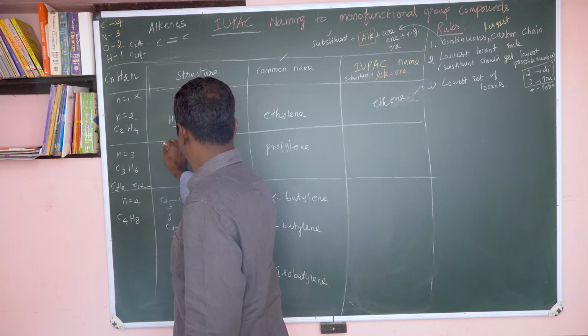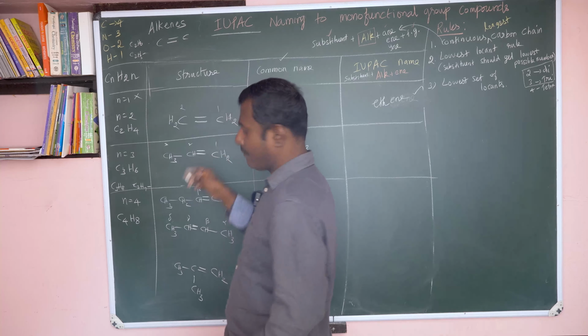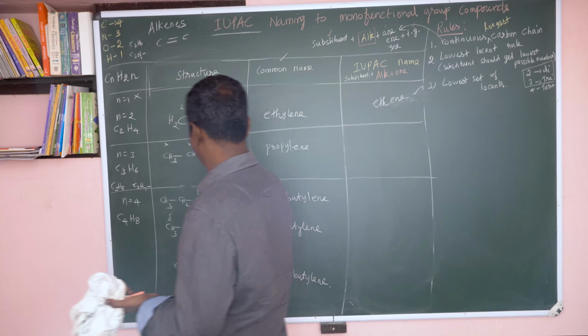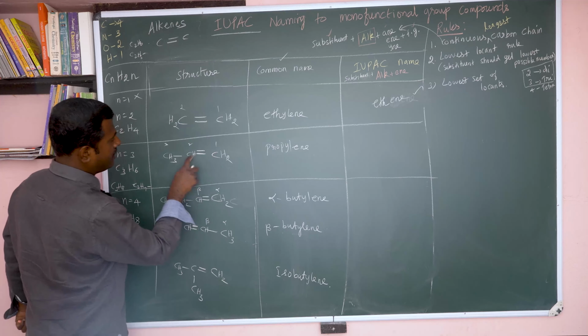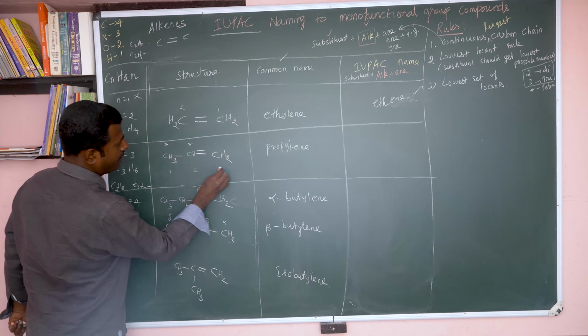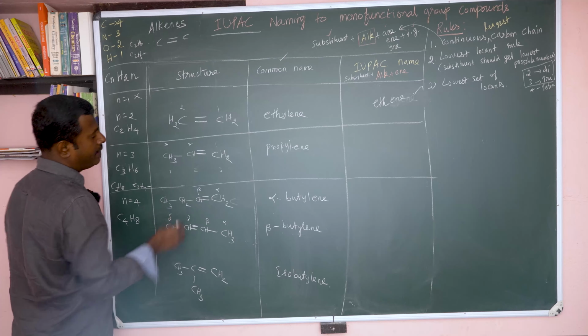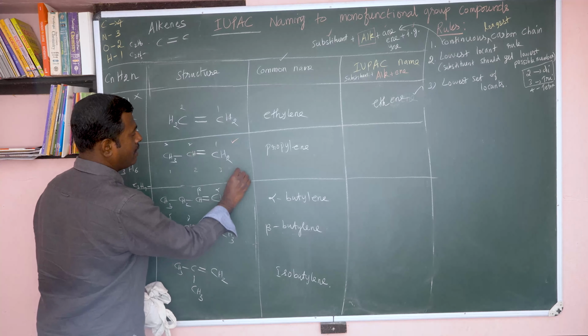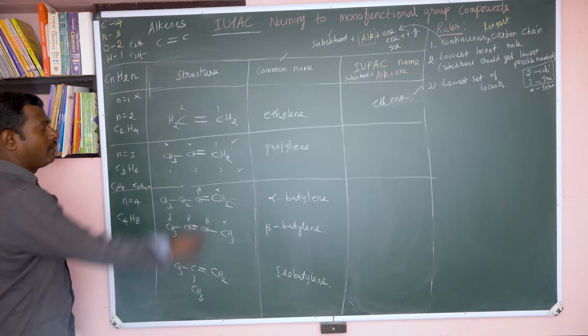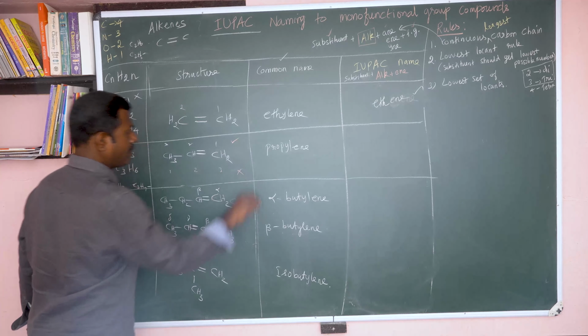So like that, propylene also. Number 1, number 2, number 3. If you give numbers starting from here, the double bond is located between first and second. If you start giving from here, the double bond is located between carbons 2 and 3. Which one is correct? The least number: 1 and 2 is correct, 2 and 3 is wrong.